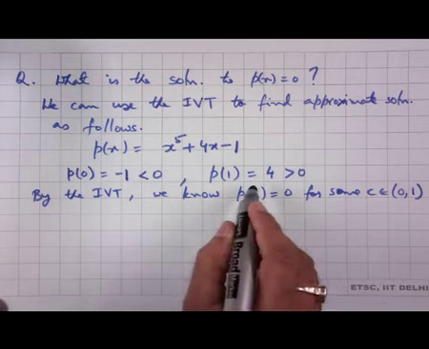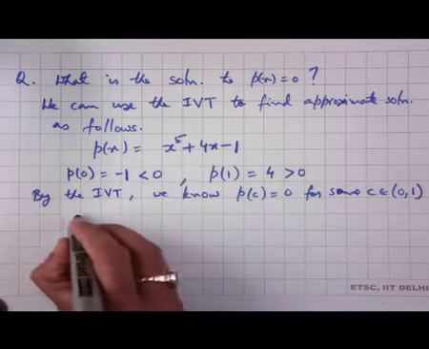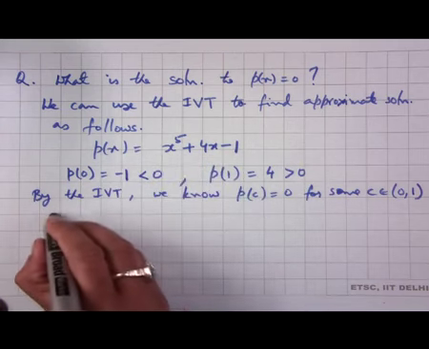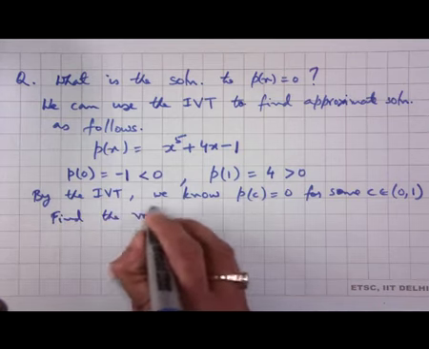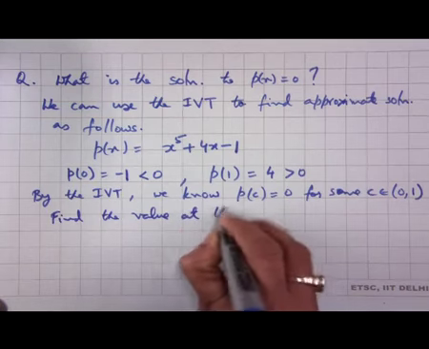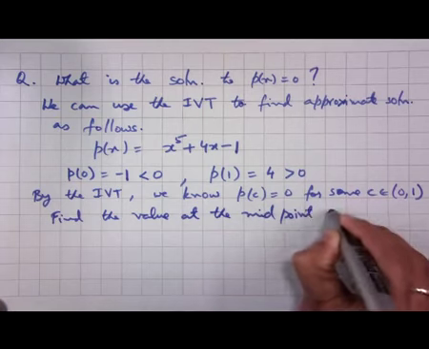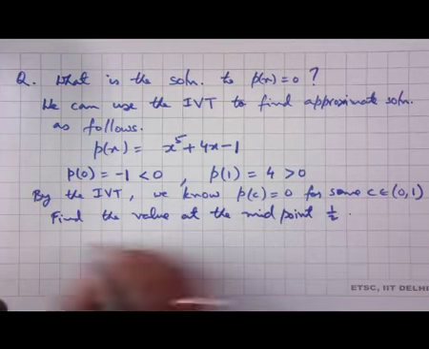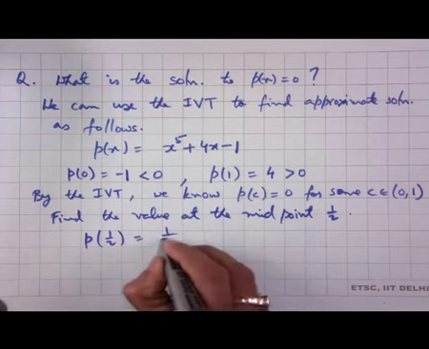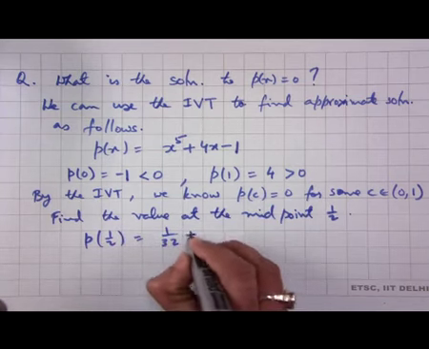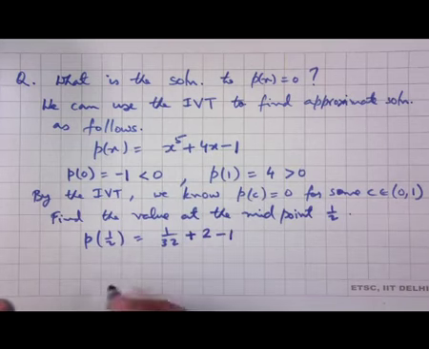Now, what you can do is look at the value at the midpoint, which is half. p of half is equal to 1 by 32 plus 4 times half, which is 2, minus 1.